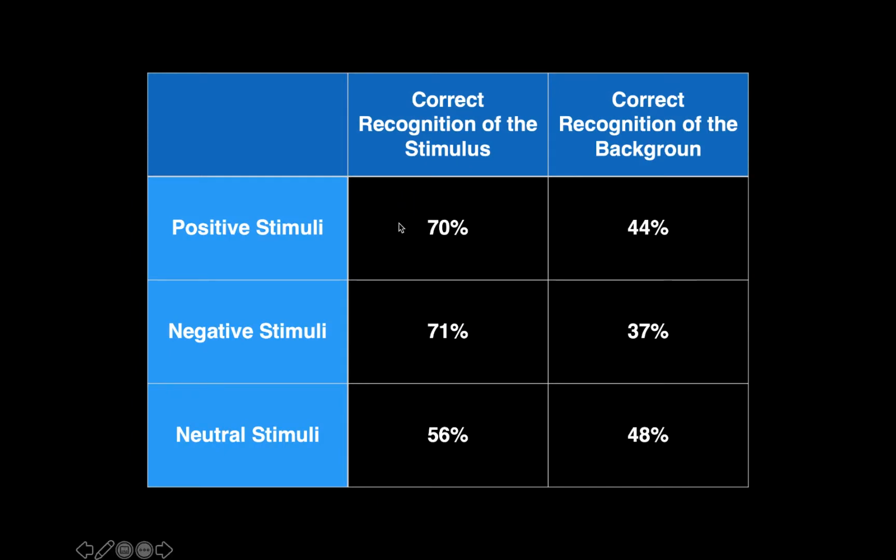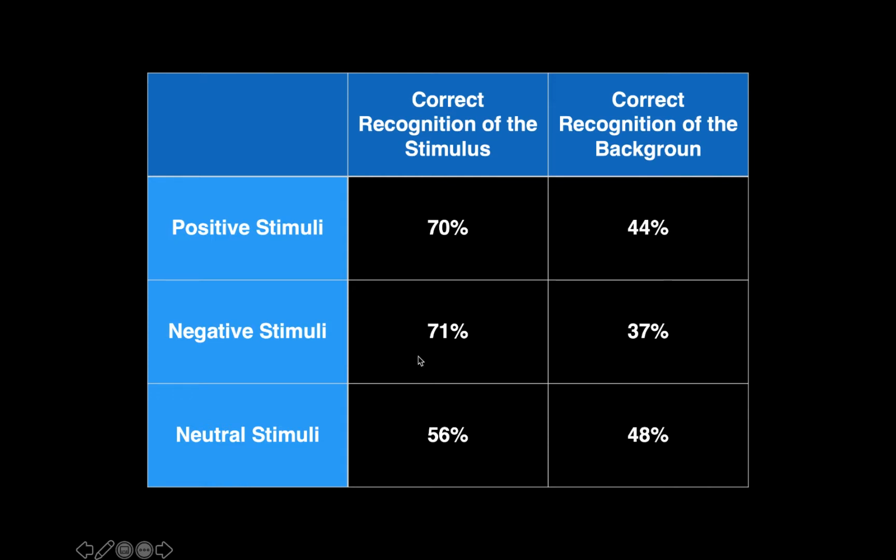The second column indicates what kind of stimulus people contact: positive, negative, or neutral. The third column indicates remembering the background.